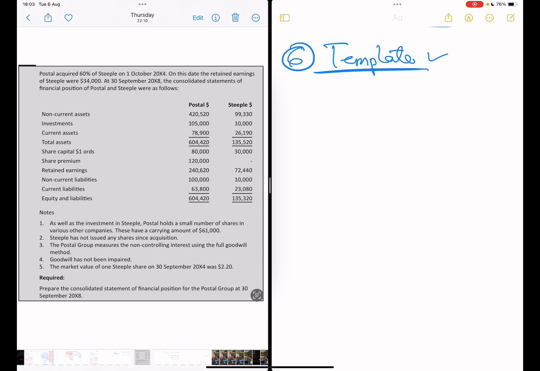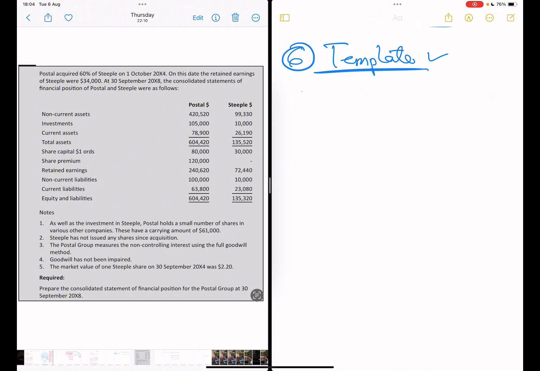And your template is just the list of the items you have on the statement of financial position. The only thing you will add is your goodwill and NCI. So take for instance, we look at the statement of financial position we have here. We have non-current asset investment all the way down to equity and liability. So that's all we need to list down.